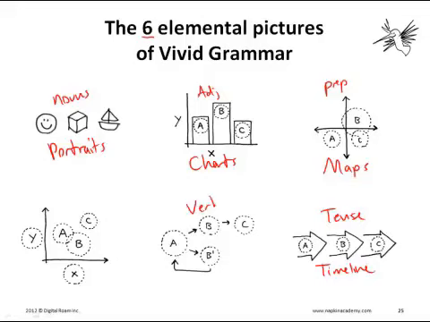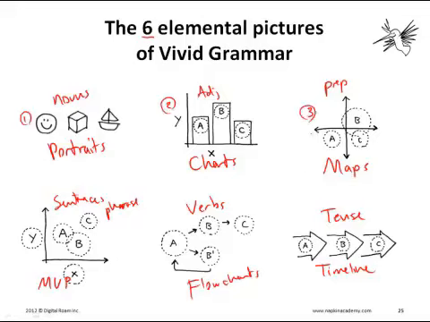For verbs, complex verbs, we draw flowcharts. And for full sentences and phrases, where we have entire ideas built, we're going to draw our multivariable plots. So these are our 6: 1, 2, 3, 4, 5, 6 elemental pictures that are the building blocks of every idea that we will represent visually.